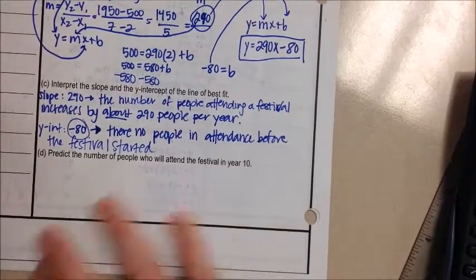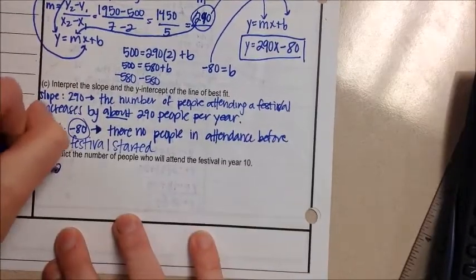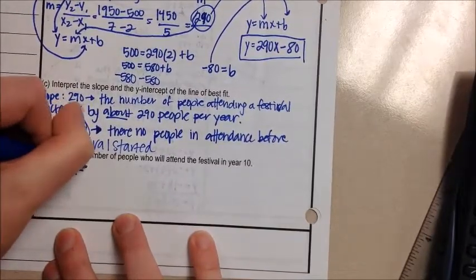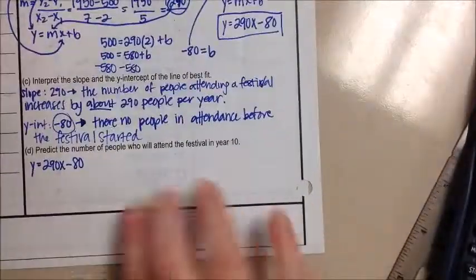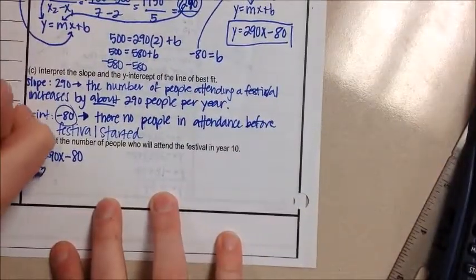So for letter D, if I plug in, okay, so this one was year 8, so year 10, I'm going to plug in 10 for x.